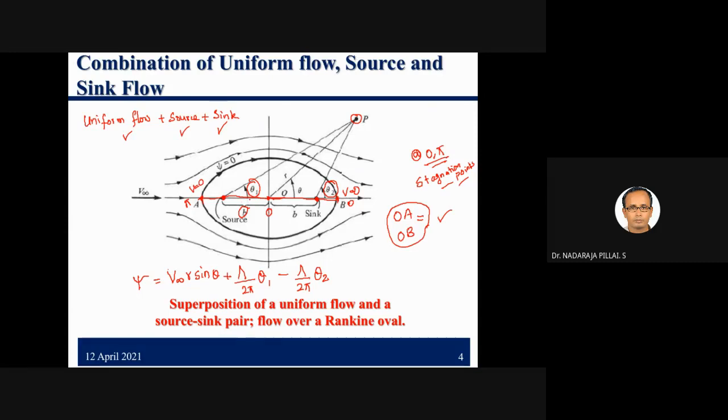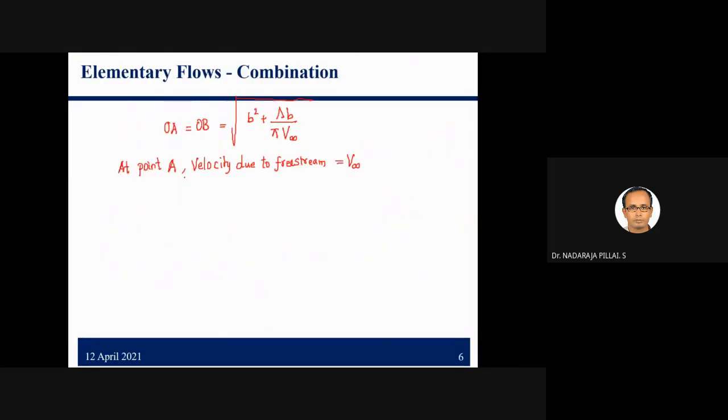Now, what about the velocity due to source flow? And what is the velocity due to sink flow? That is our discussion now. Let us say the velocity due to source flow. We can write that as minus lambda by 2 pi (r minus b), because it is in the other direction.